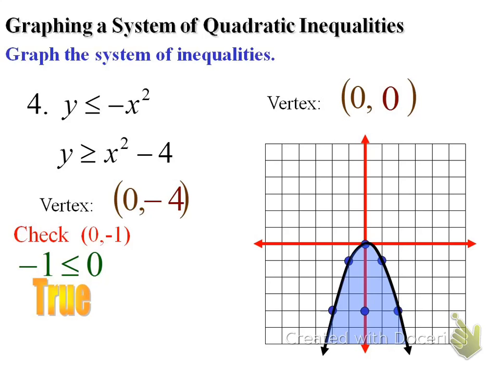When you plug 1 or negative 1 in, you'd get 1 minus 4. That's negative 3. So I now have points at 1, negative 3, and negative 1, negative 3. And then the intercepts are actually at 2 and negative 2. So now I have those points.